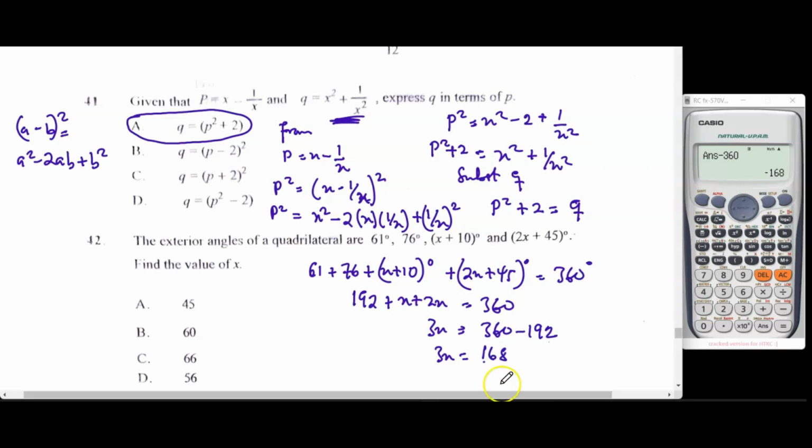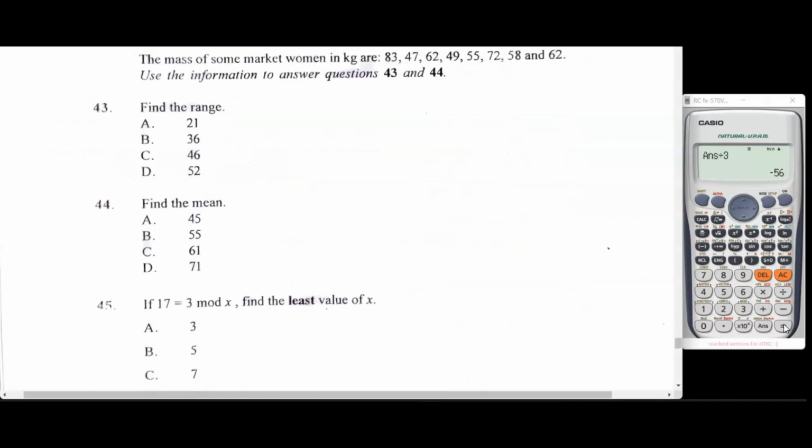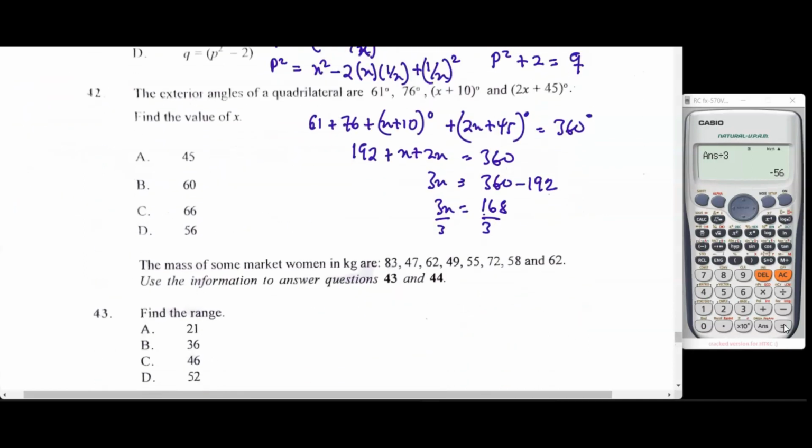Then we divide both sides by 3, and that will give us 56 degrees. So x will be equal to 56 degrees. So that is possible answer D.